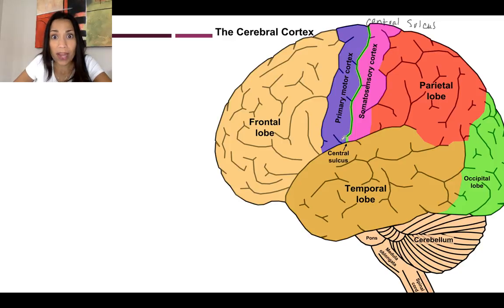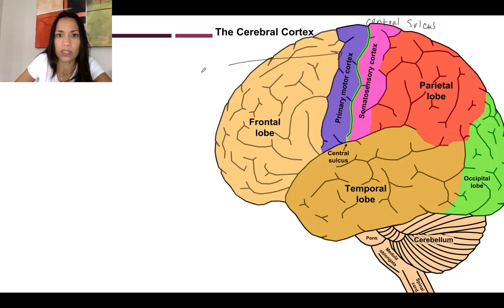There is one of them located right in front of the central sulcus, in the frontal lobe, and there is another one located behind it, right posterior to the central sulcus, in the parietal lobe, two different lands.